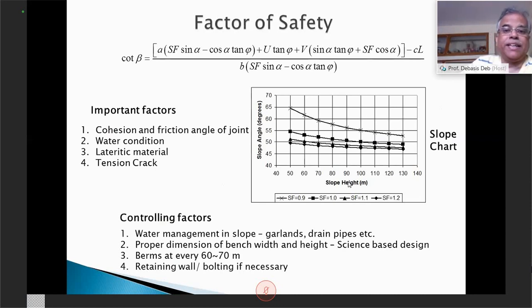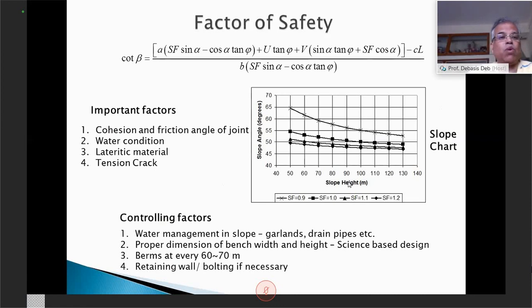Okay. Now, what are the important things you must learn here? One is the cohesion and friction angle of the joint, which is extremely important for calculating the safety factor. Okay, I will tell you a little bit about this.